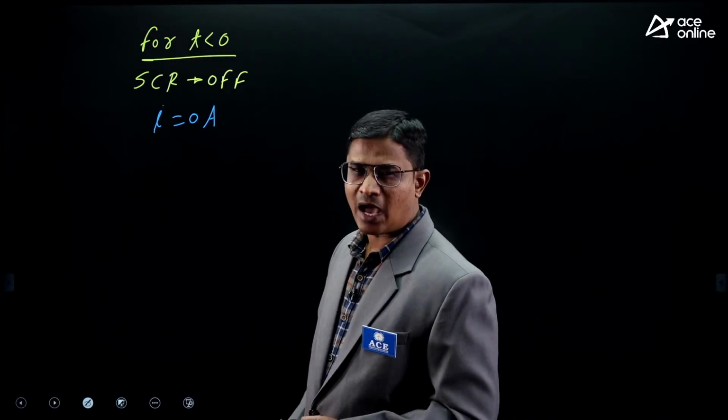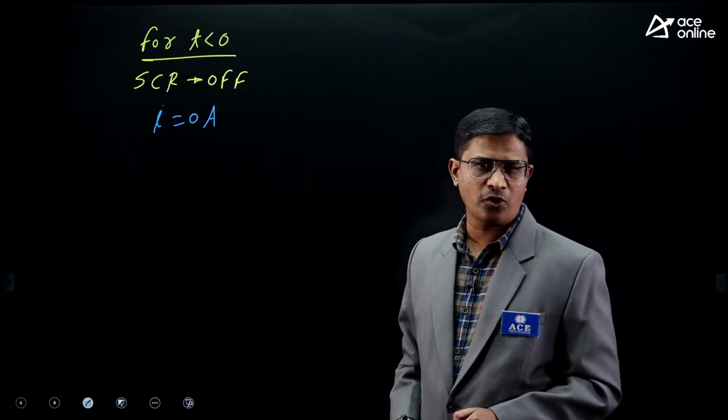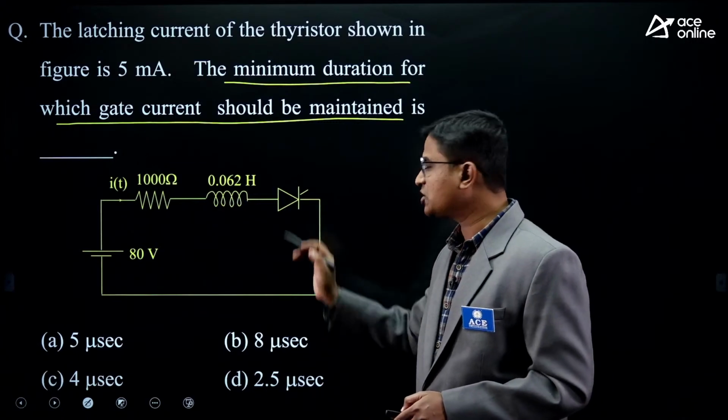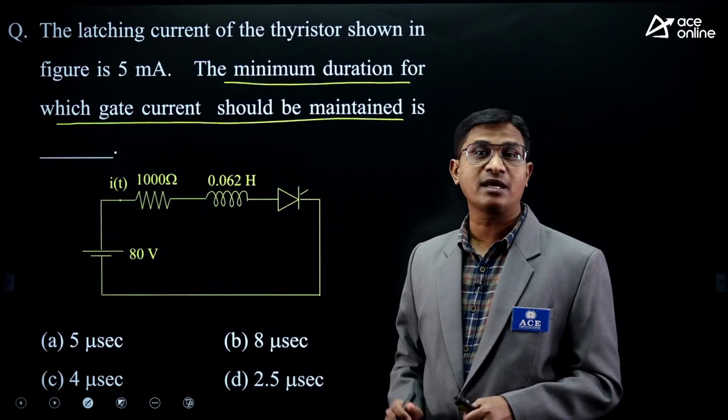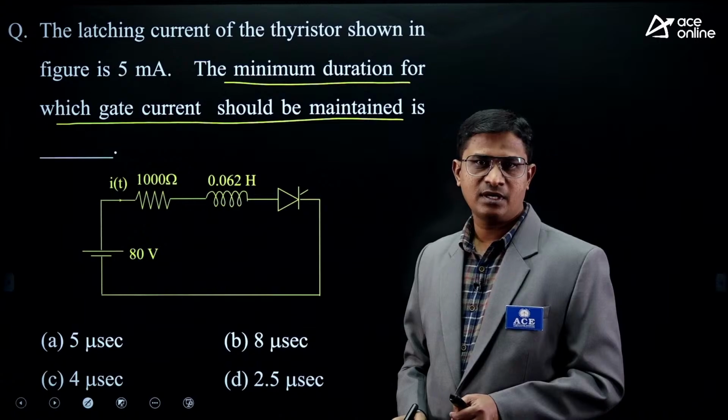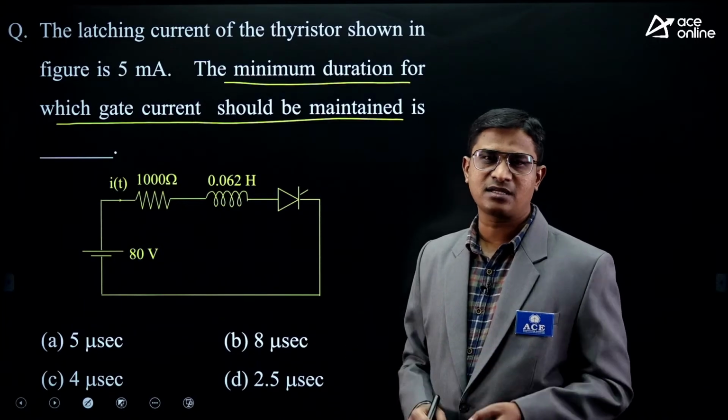Now suppose at t equal to 0, we apply the gate pulse to this SCR. We are applying the gate signal to the SCR, and my SCR is turned on.